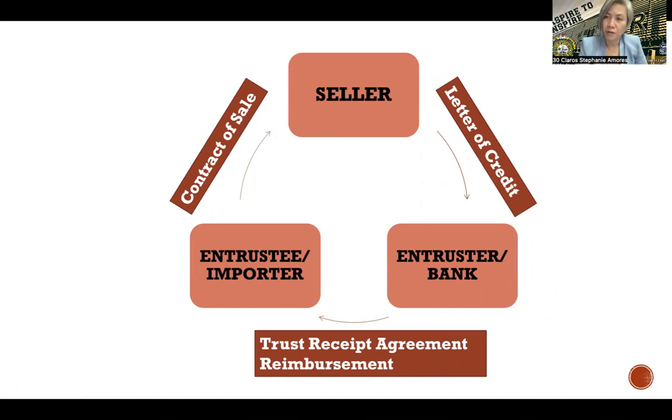apply for a letter of credit with the entruster, which is typically a banking institution. So between the seller and the entruster or bank, there is an underlying letter of credit transaction. So the entruster or the bank and the entrustee or importer or buyer, as between the two, there will be a trust receipt agreement reimbursement.